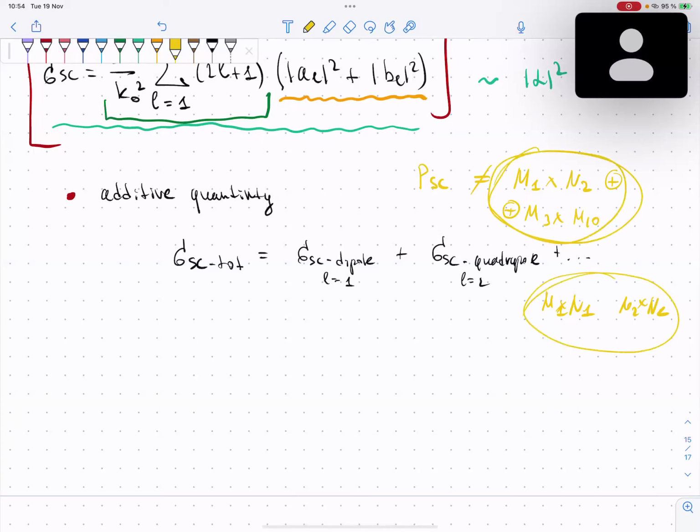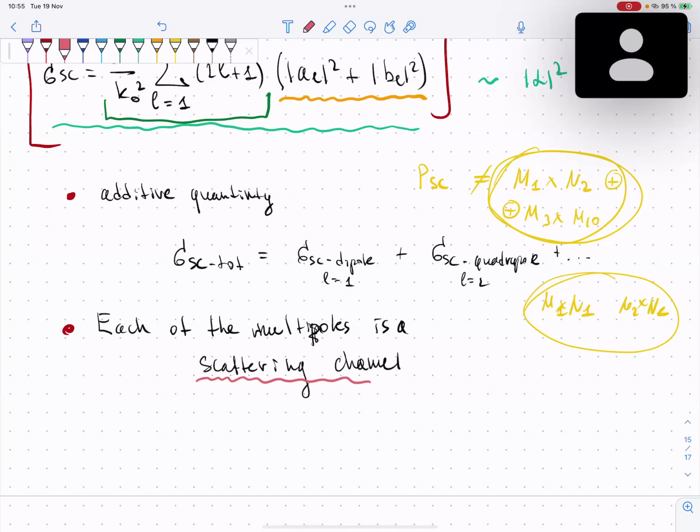There are only terms proportional to products of each multipole with itself. And we say that in this case each of these multipoles is a scattering channel.